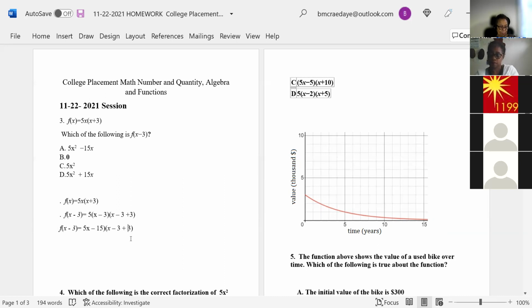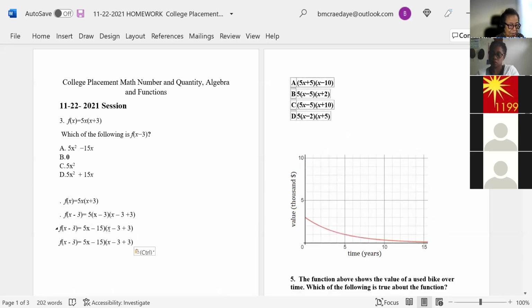So what do you have left? We have minus 15. We're looking right here. X minus 3 plus 3. What is that equal to, Maureen? 0. Alba, do you know? X minus 3 plus 3. It's a 0.